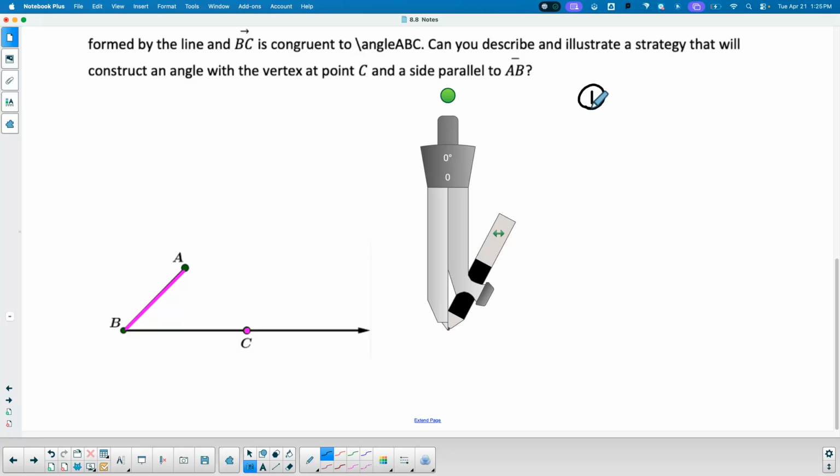We want to make a line parallel to that line through some random point. When I say wink, wink, nudge, nudge, where do you think that that's going to show up? On the test.